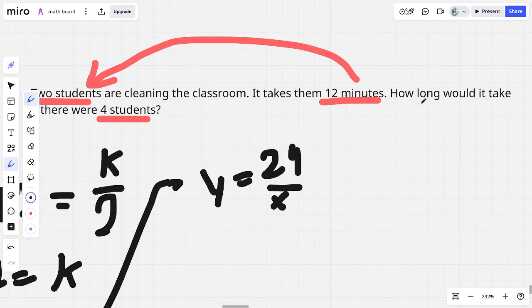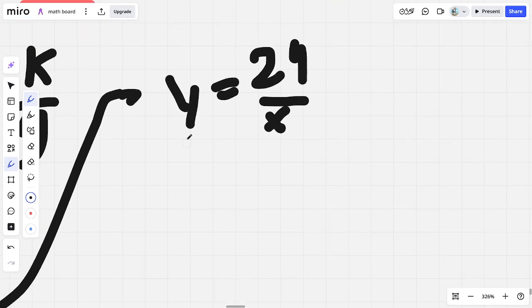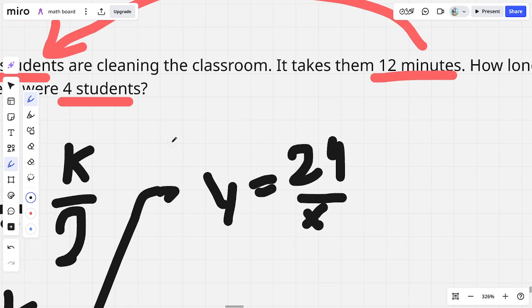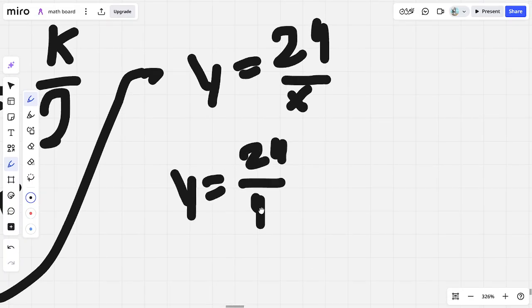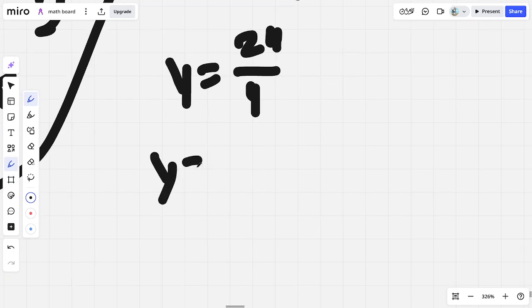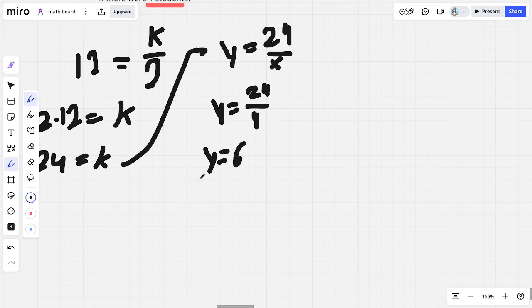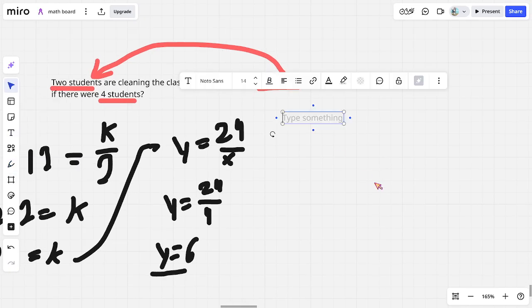So the problem is asking how long would it take if there were 4 students. So substitute the value of x. So y is equal to 24 over 4, and that's going to be simply y is equal to 6. And this isn't our final answer because it is a word problem, so we need to answer with words.